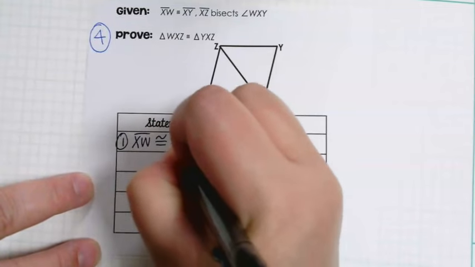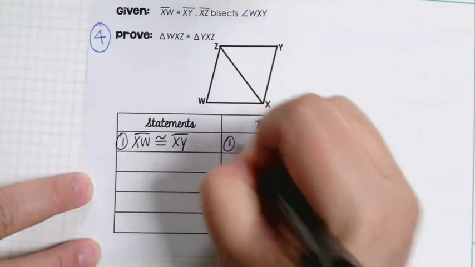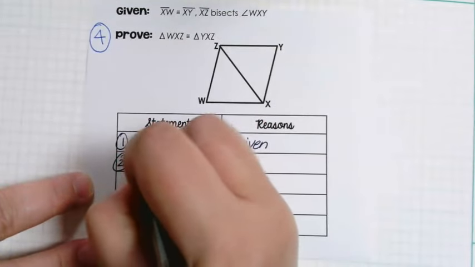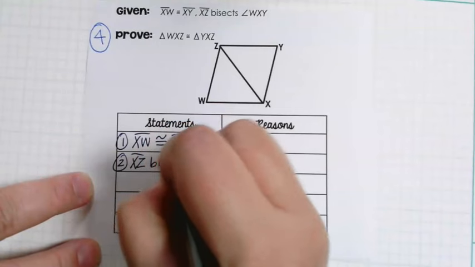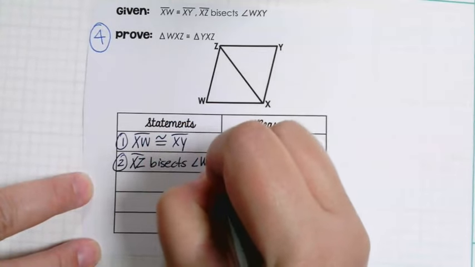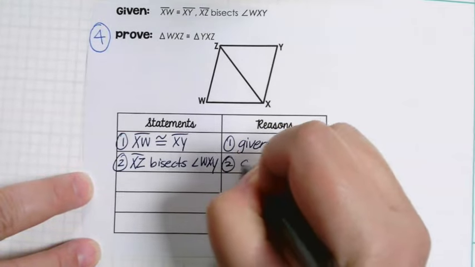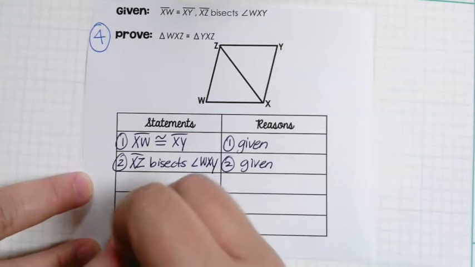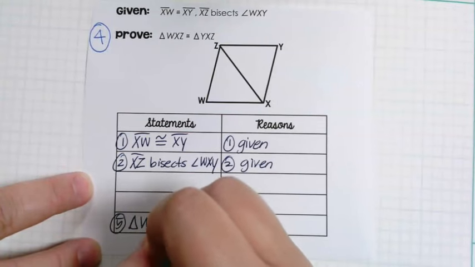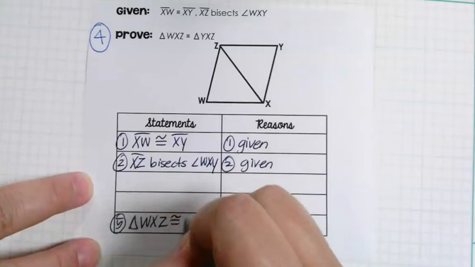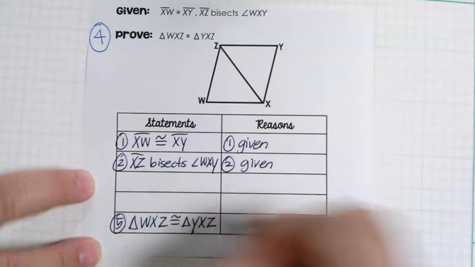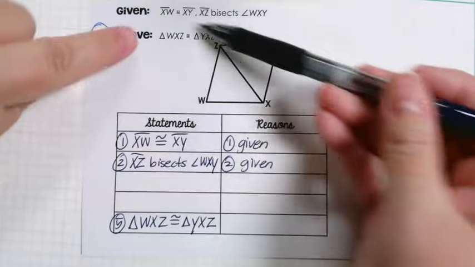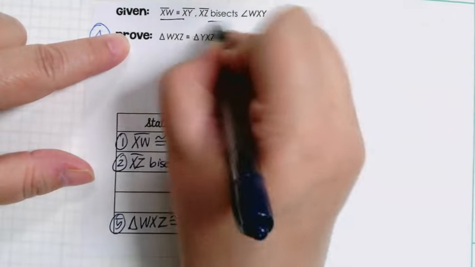If you do not understand what's happening on the proof, you can still get 1, 2, 3, 4, 5 blanks filled in. So this is without me knowing anything about this proof, without me having to understand anything about those triangles. I know that I've got 2 given statements.